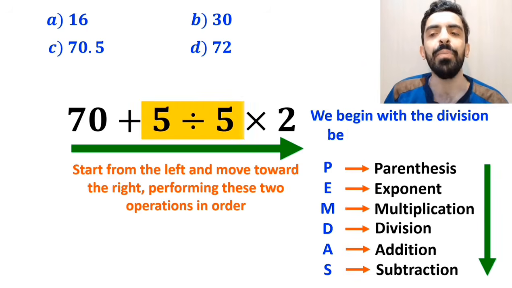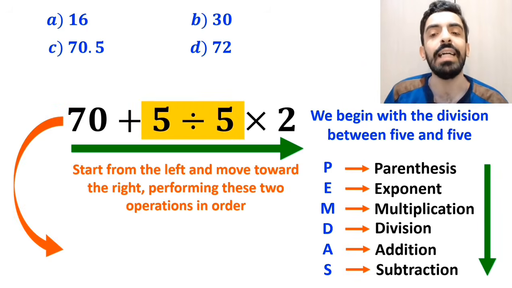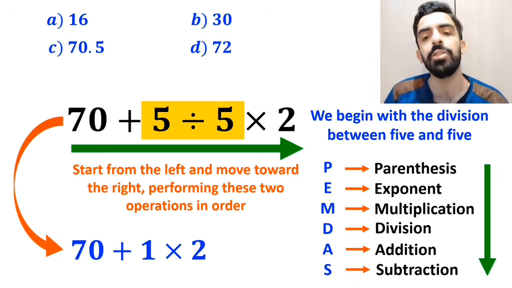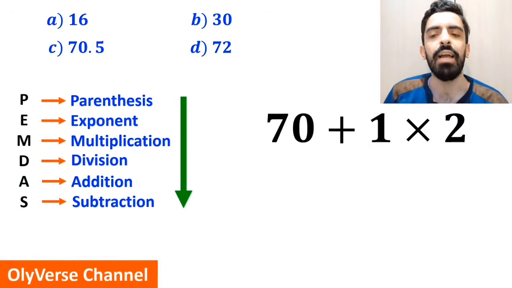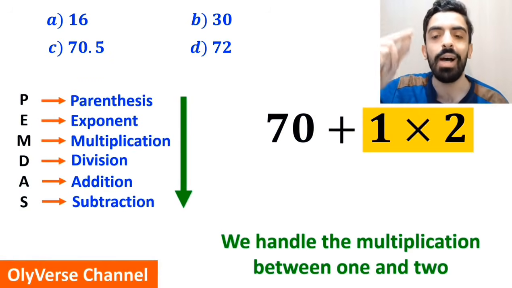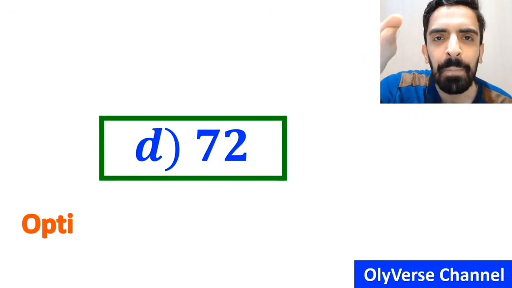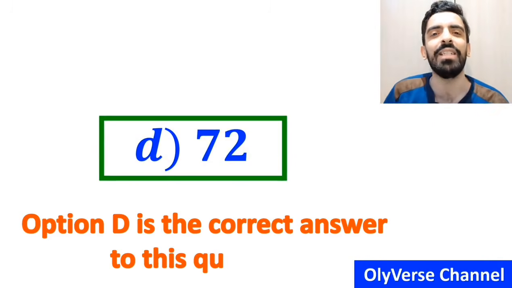So, we begin with the division between 5 and 5, and instead of this expression, we can write 70 plus 1 times 2. And in the final step, we handle the multiplication between 1 and 2, and this expression simplifies to 70 plus 2, which finally gives us the answer 72. That's great. Option D is the correct answer to this question.